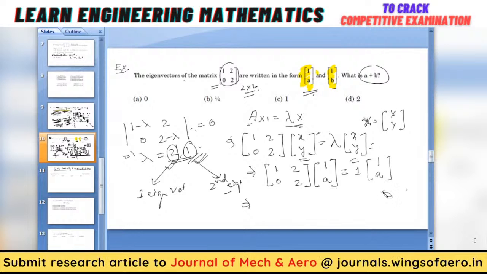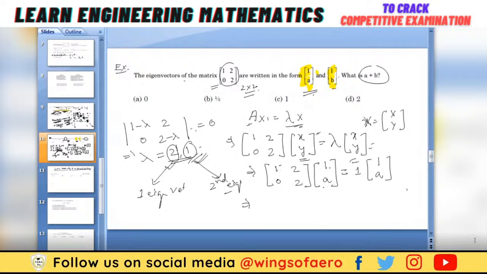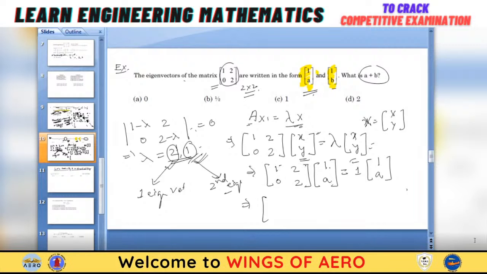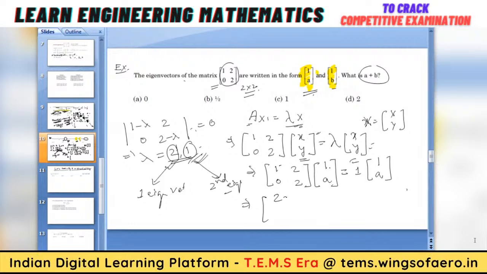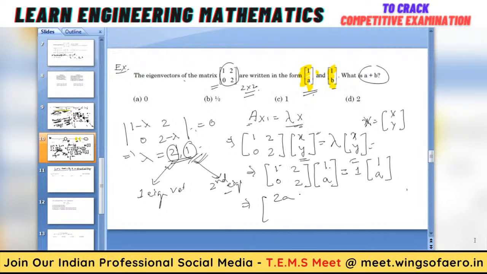Just simply solve it by matrix multiplication, 1 into 1, 2 into a. So the matrix gives you 2a plus 1, a plus 1 for the first one, and second one is 2a.